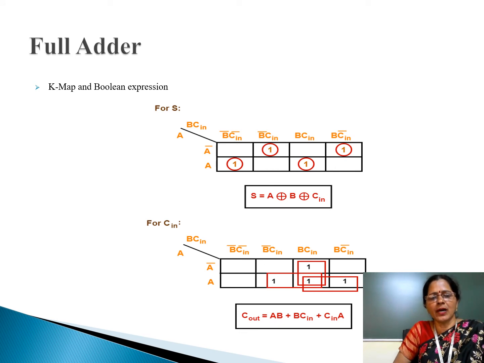But first of all, we have to put the truth table within the K-map. One K-map will be valid for the sum, another will be for the carry. How we put it was already finished in the K-mapping class. Again, take the review. You have to write 1 within the corresponding square for which your output is 1 in the truth table.